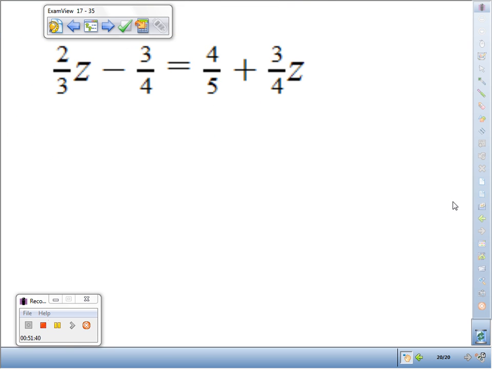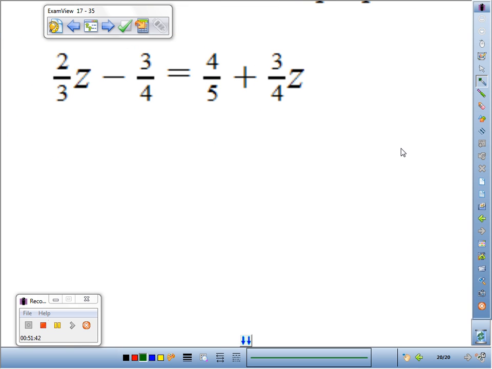This one's another one that a lot of you missed because you forgot the second part. So let's solve this. Since we have fractions all over the place, we need to get this simplified so that we don't have fractions, which means we need to multiply the entire equation times the LCD, least common denominator. We got 3 and 4.